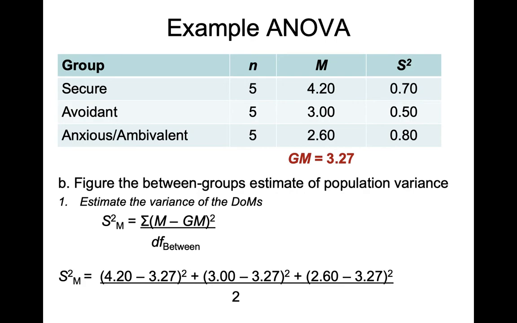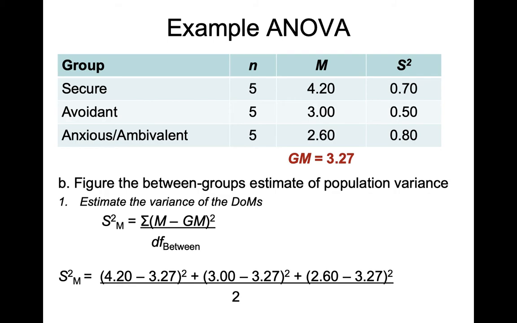Okay, so here's what that looks like. Again, we're figuring out the variance of the distribution of means, treating each one of these means as an observation. We don't have all the observations in this distribution of means, but we're using them as kind of a sample. And that's the reason, by the way, that we're dividing by degrees of freedom. These 3 means are only 3 of the possible means in our distribution of means.